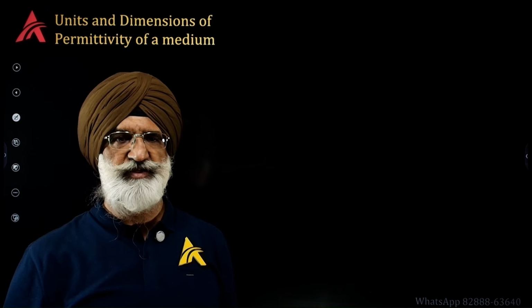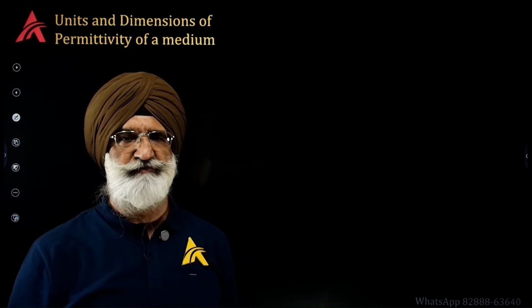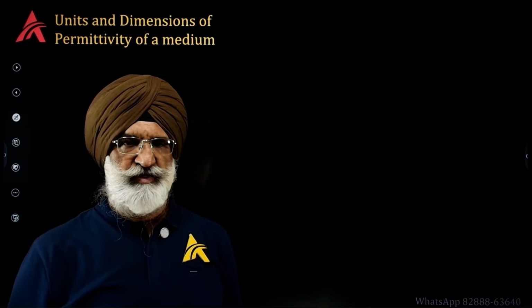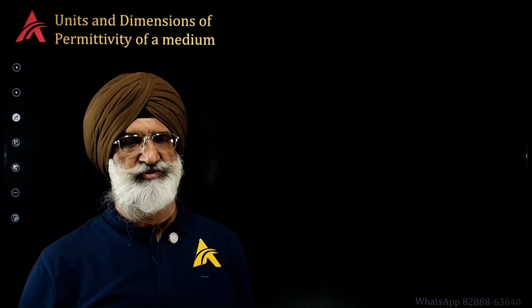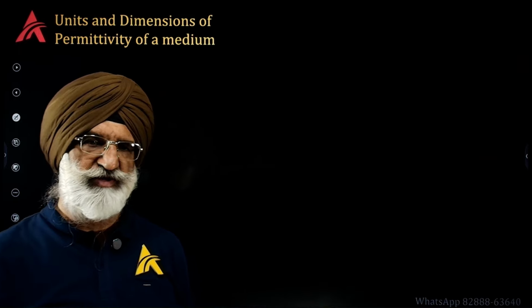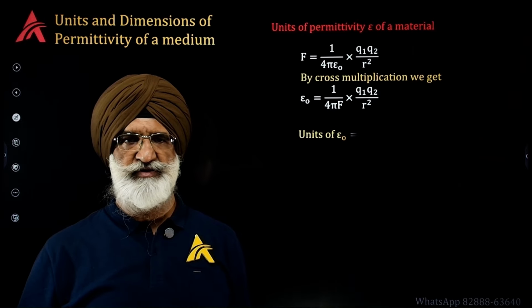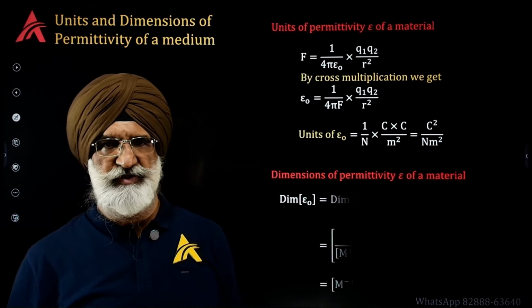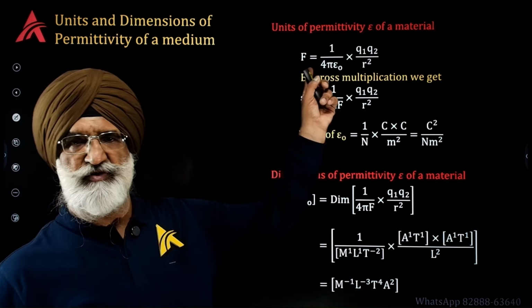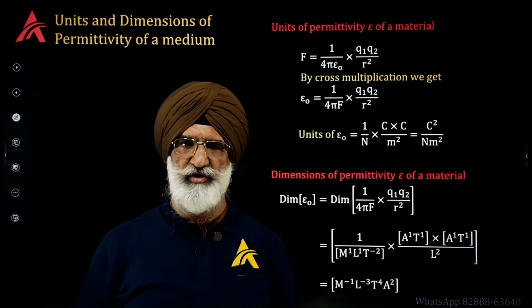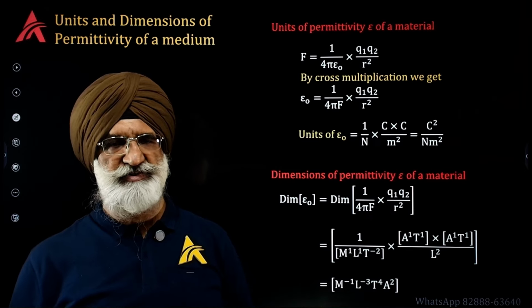Since the permittivity of a medium is a physical quantity, it can be measured. If it can be measured, it should have some units and it should have some dimensions. So in order to find out the units of permittivity of the medium, we can use Coulomb's formula, which is F is equal to 1 upon 4 pi epsilon naught Q1 into Q2 upon R square.